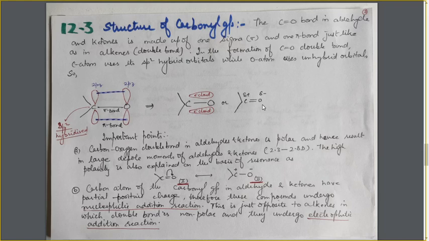Why is this so? Because in the case of aldehydes and ketones, the C=O group is polar in nature with a positive charge on the carbon atom, and because of this positive charge, the nucleophile can easily attack this carbon atom. That's why the addition reaction will be initiated by the nucleophile. Whereas in the case of alkenes, the double bond is completely non-polar.